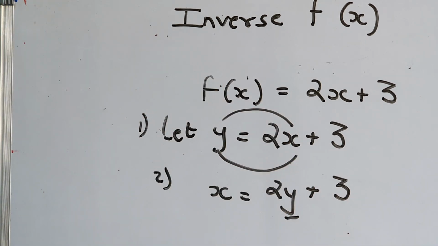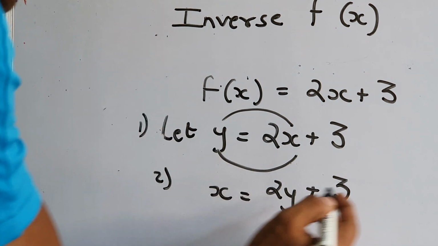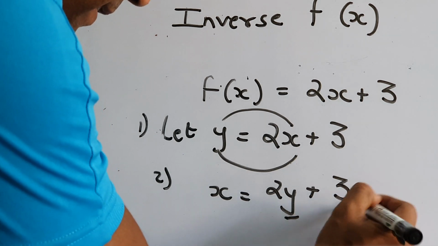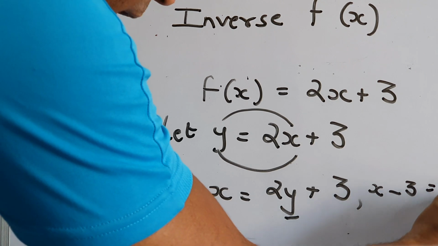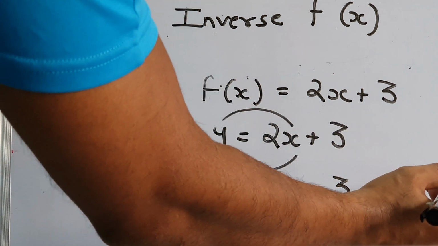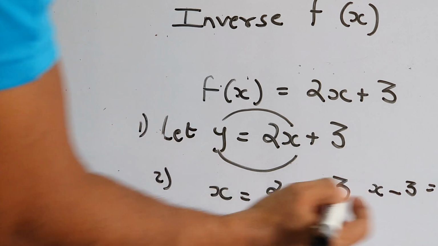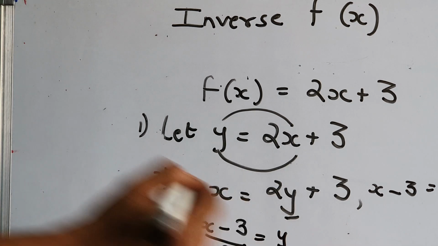To make y the subject, we will be taking plus 3 that side. So when I take plus 3 that side, this becomes x minus 3 is equal to 2y. And now I take 2 this side. So my answer is (x minus 3) upon 2 is equal to y.